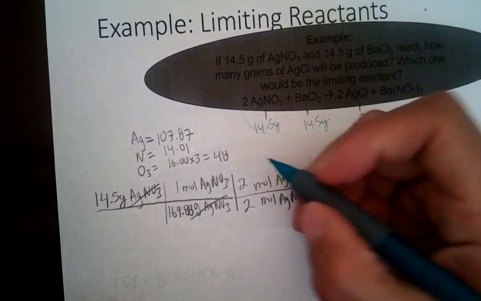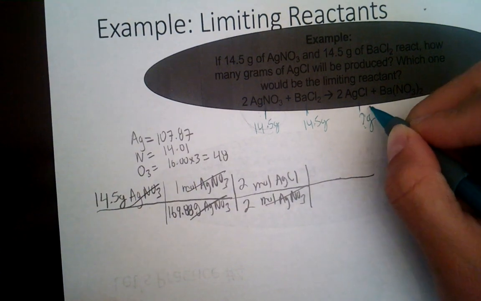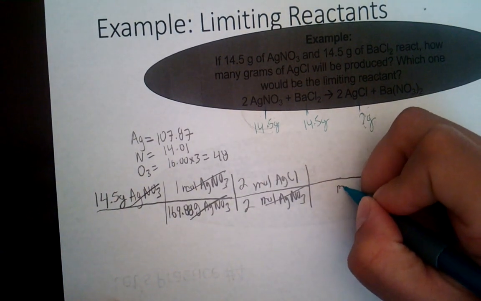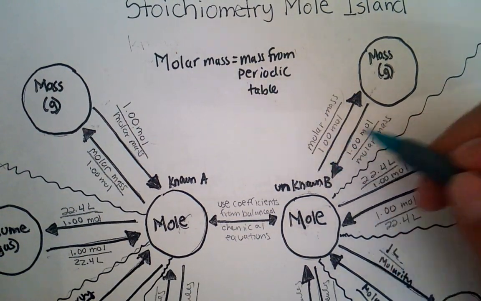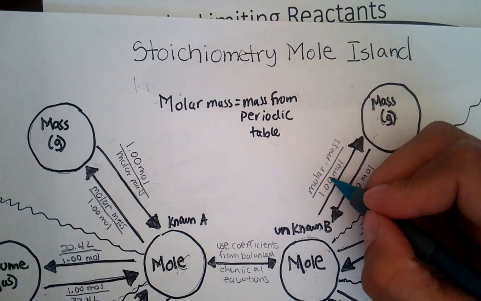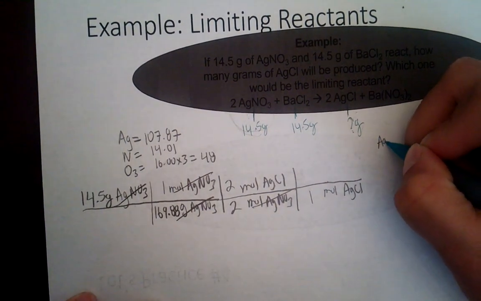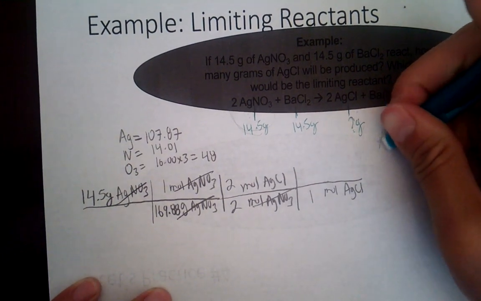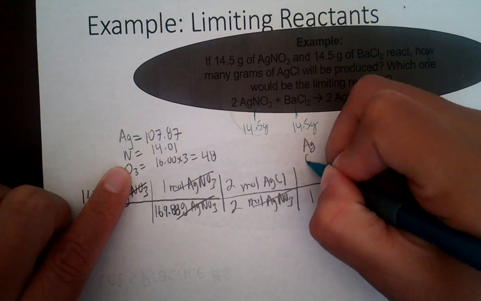Now we're going to have moles of AgCl, but now remember, we want grams of AgCl. We don't care about the moles of AgCl. Okay, so that means that I want to get rid of moles of AgCl. That means that 1 mole is going to be at the bottom, like it says here. The molar mass is going to be at the top. So now I am going to do the same thing that I did at the top here, but now I'm going to do it for Ag and Cl.